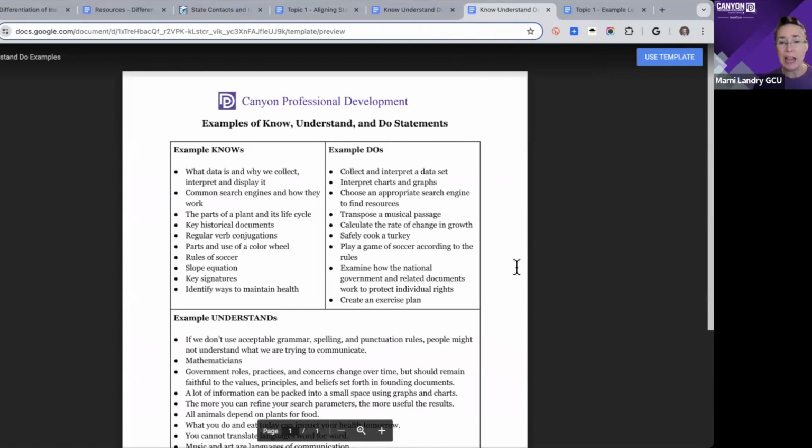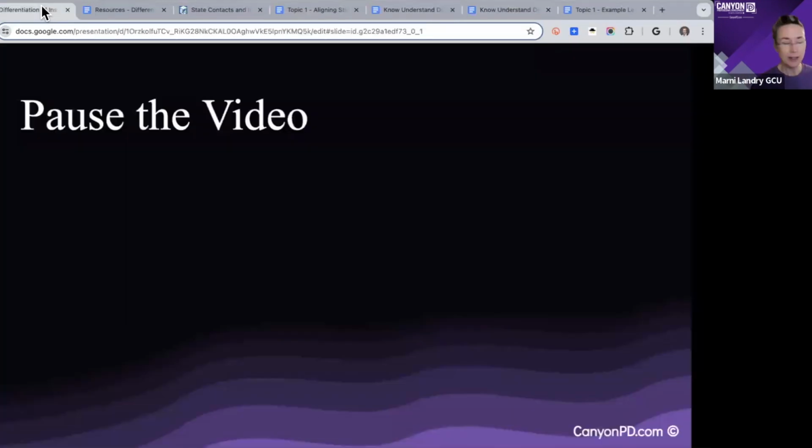And do is really the action, what they're going to do with that knowledge. The understand may, and likely is not, stated directly in the standard, but it is how you as an adult with deep knowledge think about the standard. So go ahead and take a long pause and break down one of your main standards into know, understand, and do, and come back when you're ready.